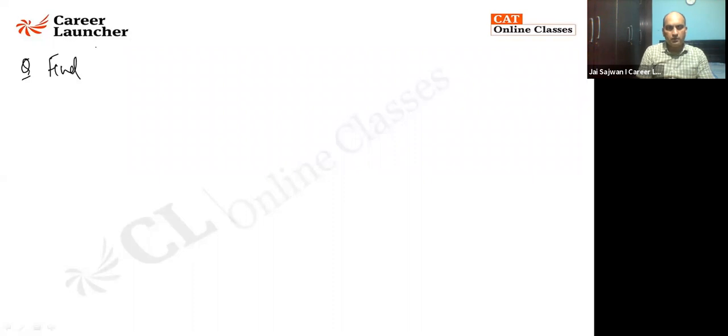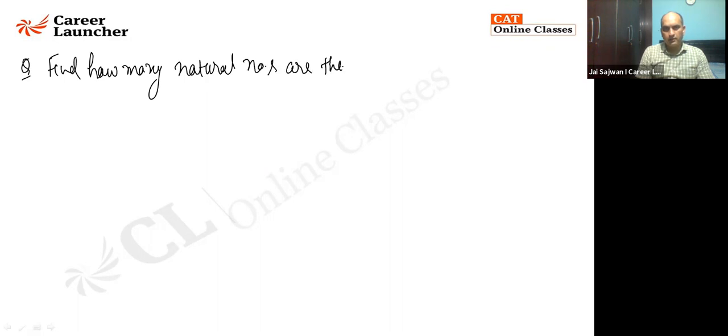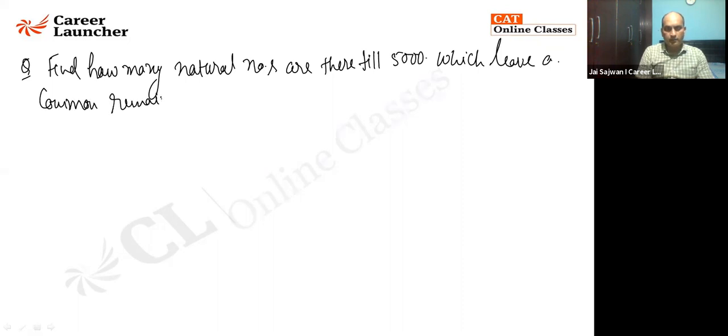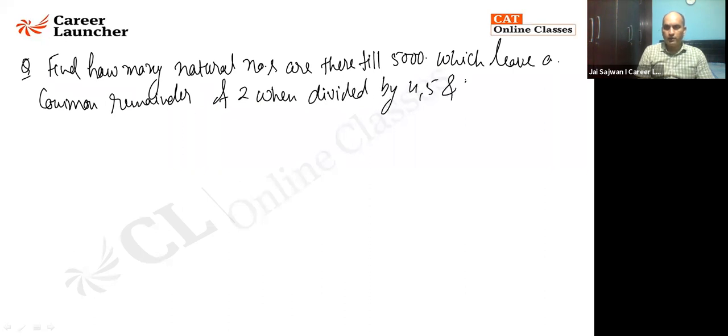So my first question to all of you. Find how many natural numbers are there till 5,000 which leave a common remainder of 2 when divided by 4, 5, and 6.